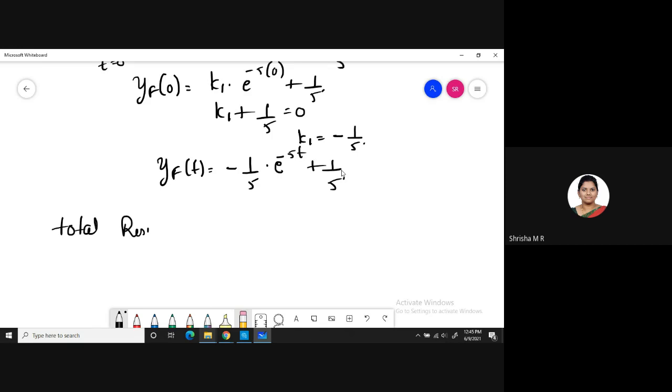The total response of the system is y of t, which is equal to yn of t plus yf of t.